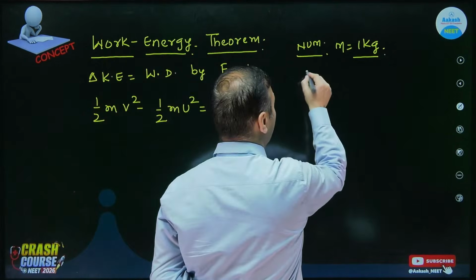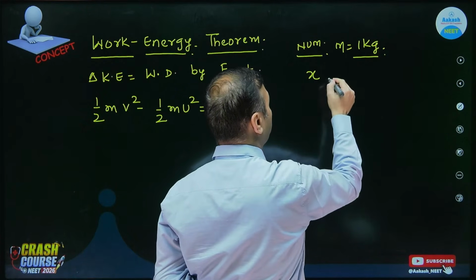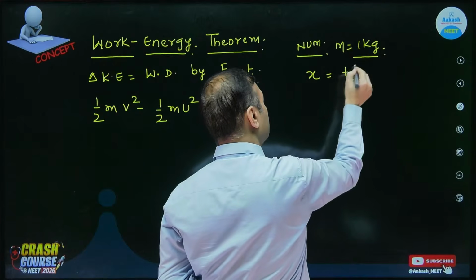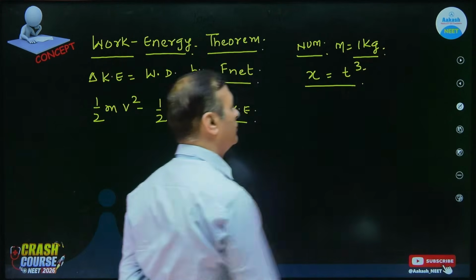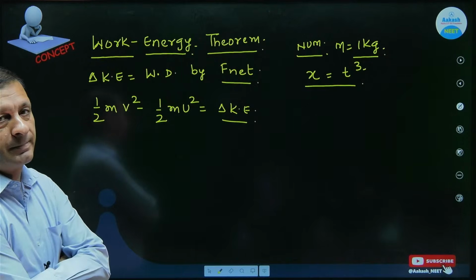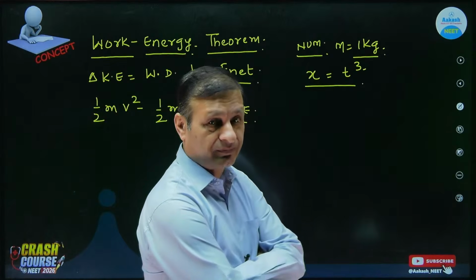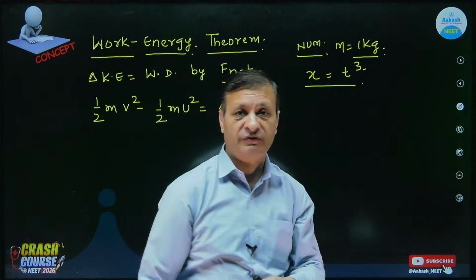So if the position of the body is given by this expression, x is equal to t cube only. Got it or not? So x is a function of time and this is a cubic function of time.